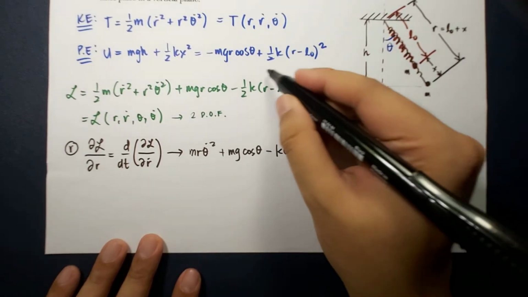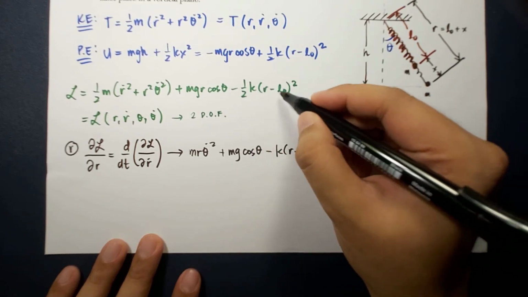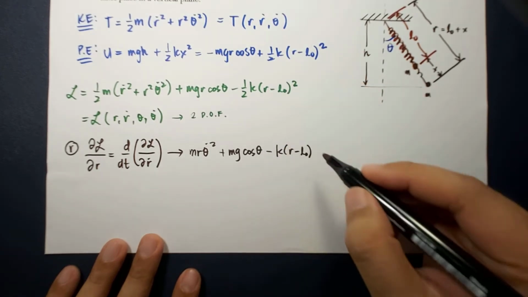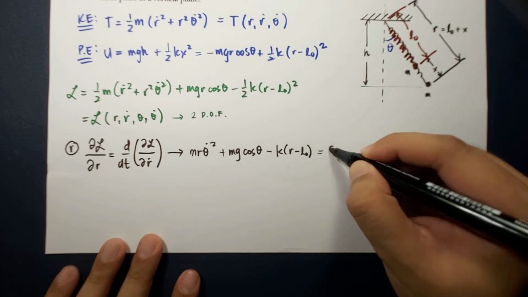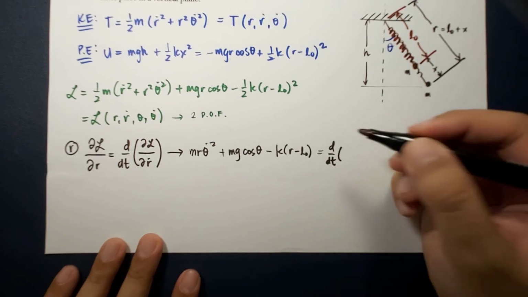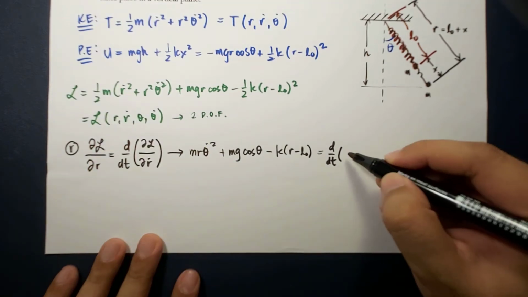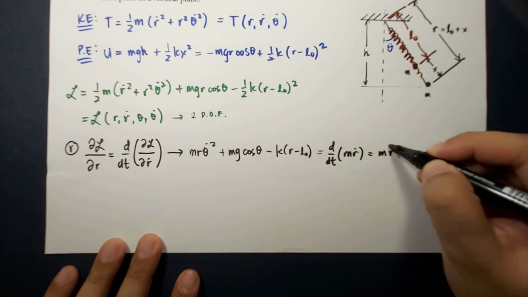So this is 2k times 1/2, so that's k times this term times the derivative of this term with respect to r, which is 1. Now this is equal to the total derivative with respect to time of m r dot, which is m r double dot.